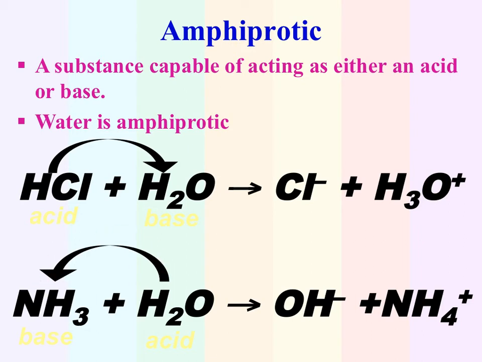So it will transfer its H plus ion, or its proton, to the NH3 and produce our hydroxide and our ammonium ion, conjugate base and conjugate acid. So as you can see, depending on the situation, water is going to either behave as a base or an acid, or exhibit these amphiprotic features.